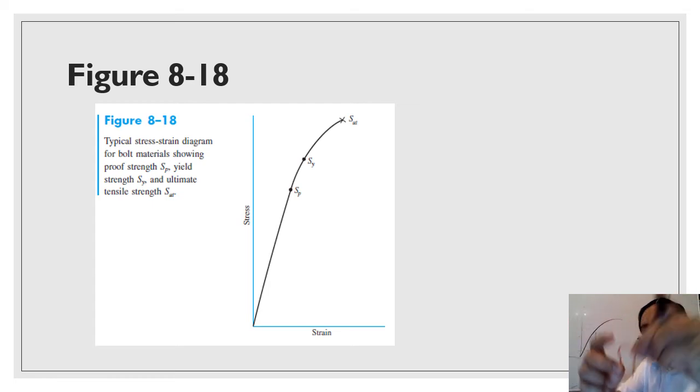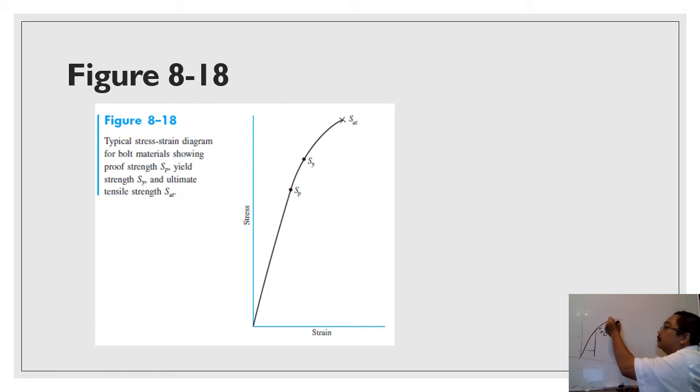This is called elastic. Then this is the yield strength. This is the proof strength, and this is the ultimate strength, and beyond this is the ductile region, the fracture region. It may fracture, so giving extra load, your bolt may be damaged.